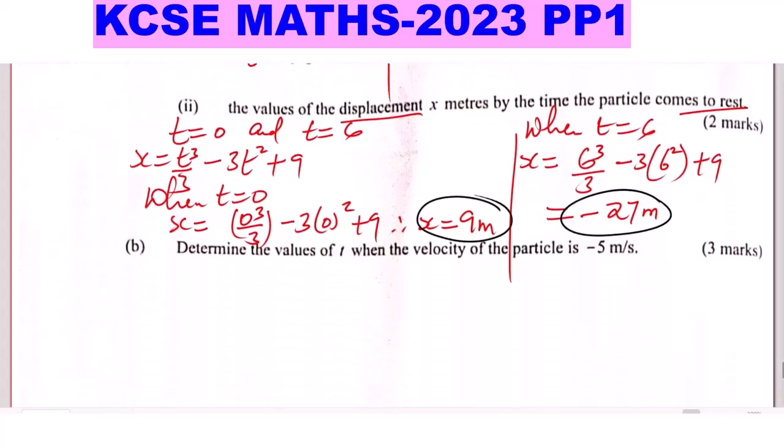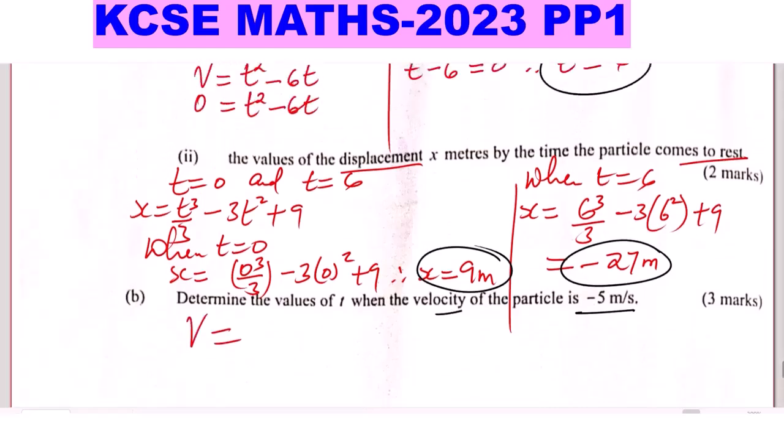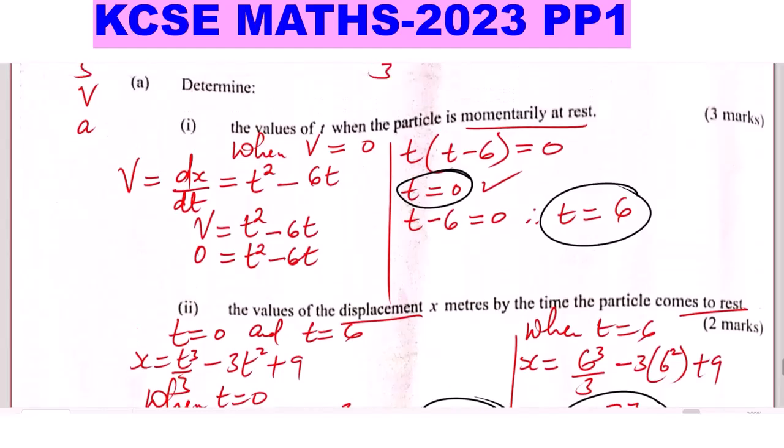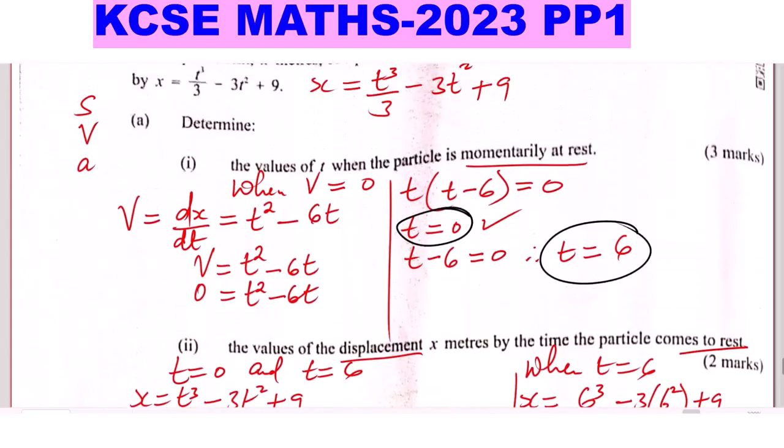Part B, determine the values of t when the velocity of the particle is negative 5 meters per second. We already have the expression for velocity. We got velocity in part A, part 1.